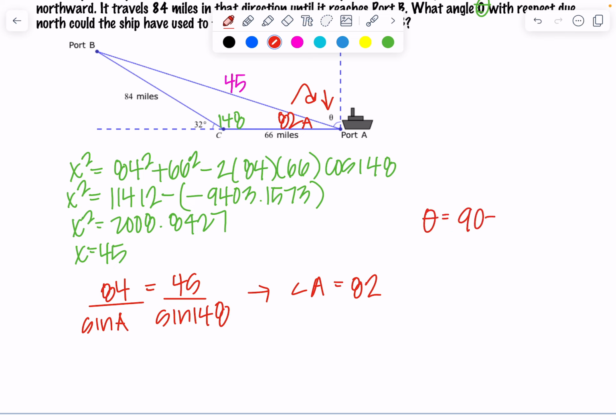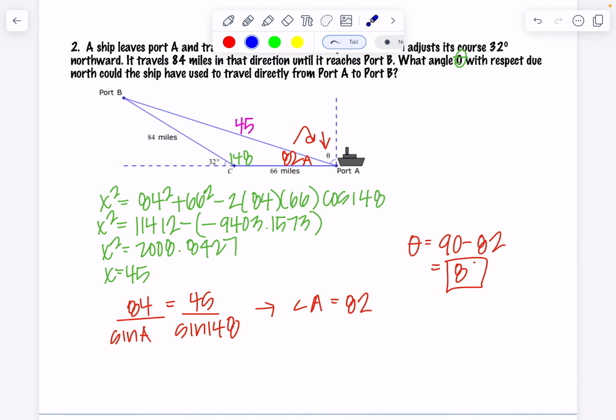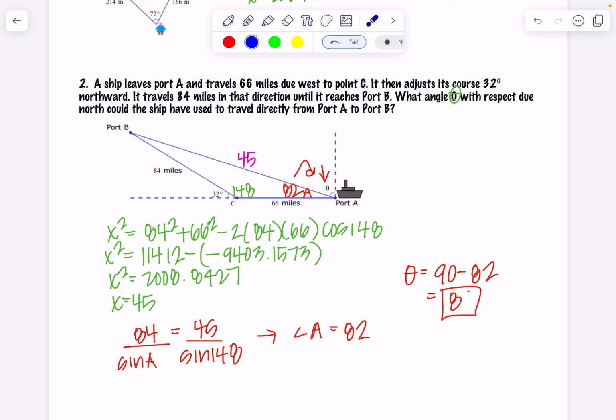So 90 minus 82. So that angle would be 8 degrees. That is how the ship could have just turned 8 degrees to the left or west to just go from A to B. Again, a very excellent test question because it involved cosine and sine and making sure you're logically being able to solve for the missing angle theta there.